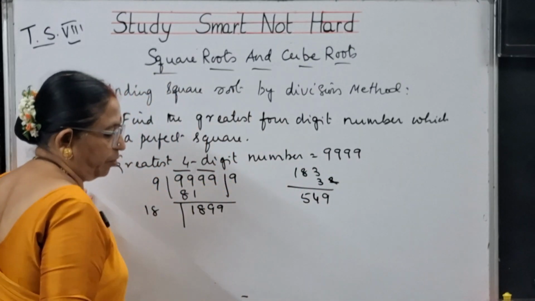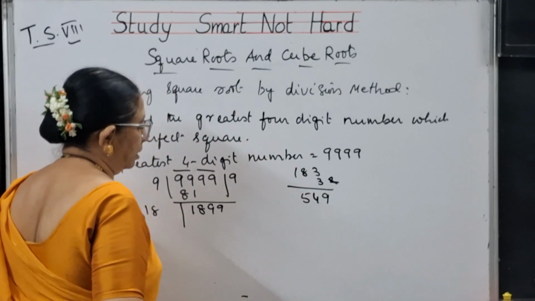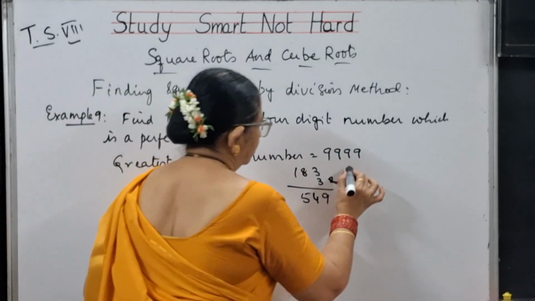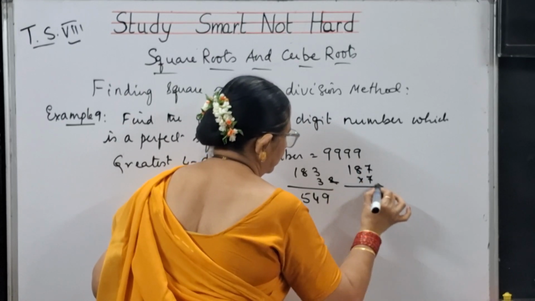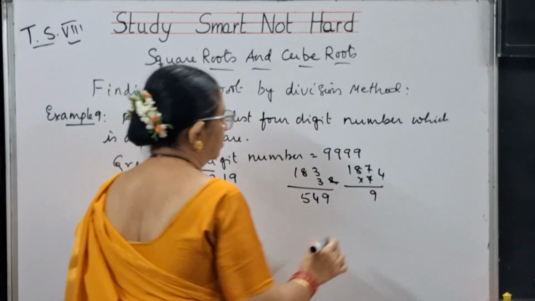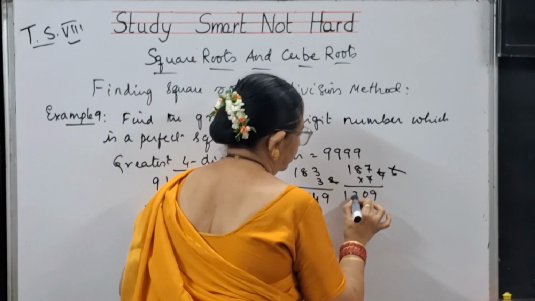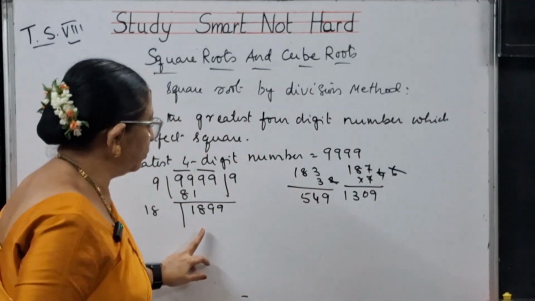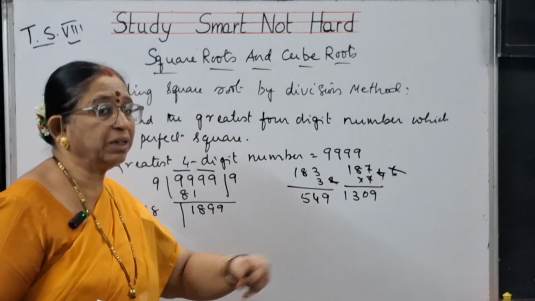Okay, this is a very less number. Now next you take 7. 187 into 7 you take. 7 7s are 49, 7 8s are 56, 4 60, 7 1s are 7, 6 13. This is also a very less number. So let us try with the other numbers.